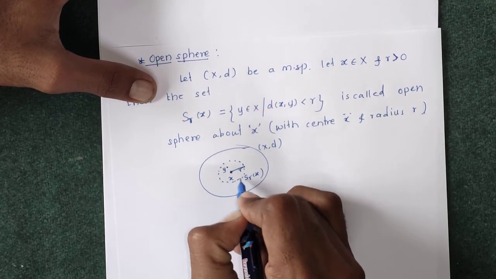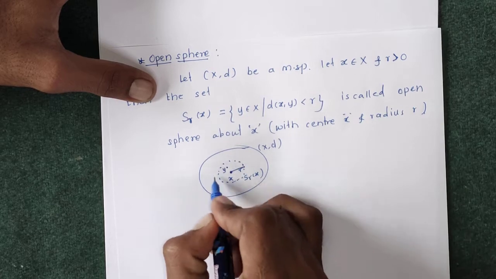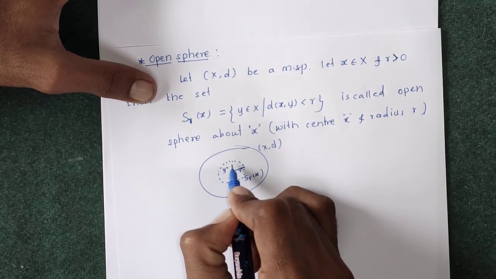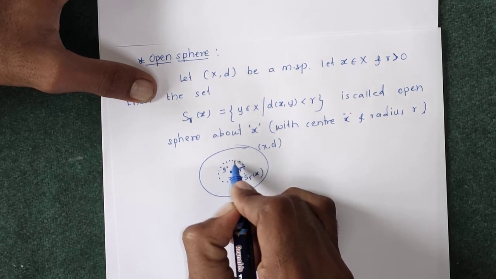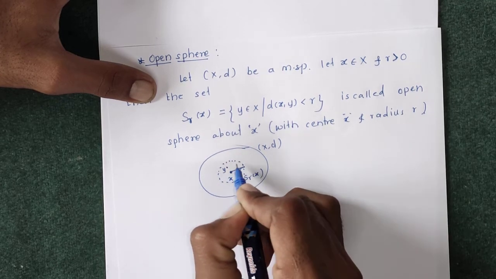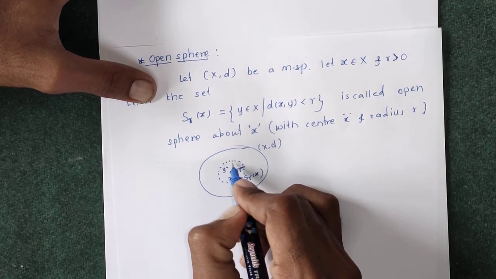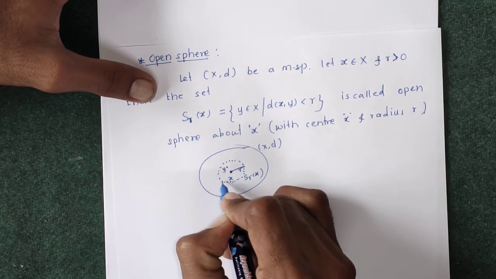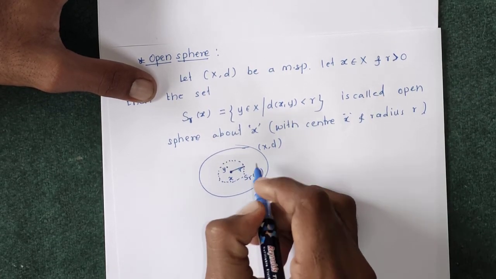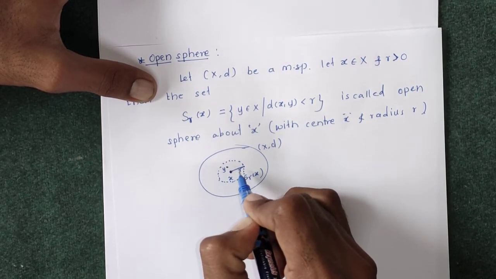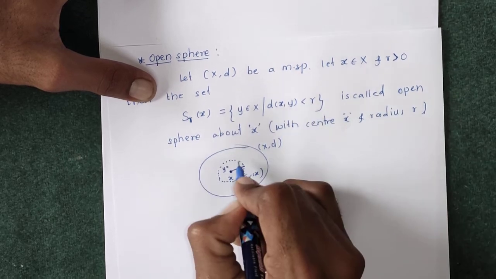So the set S_r(x) is the open sphere of this form. Whenever we take any element of this sphere, that element must be in the interior of this boundary. Suppose this is the boundary of the open sphere S_r(x), and if you take any element of S_r(x), the distance between the center and that element y must be strictly less than r.